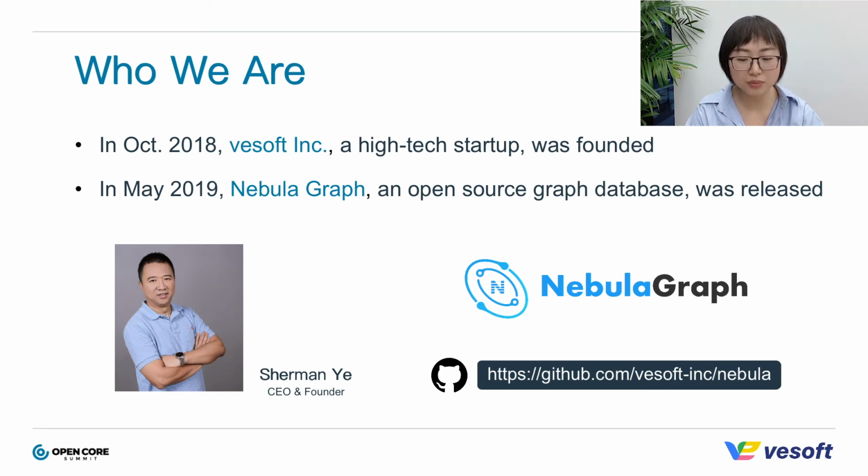Currently he is striving to build a powerful and user-friendly graph database. Our mission is to help businesses uncover the value of connected data. In 2019, our first product, NebulaGraph, an open-source distributed graph database, was released. The first pull request on GitHub was merged in September 2018, and the first version was released in May 2019.